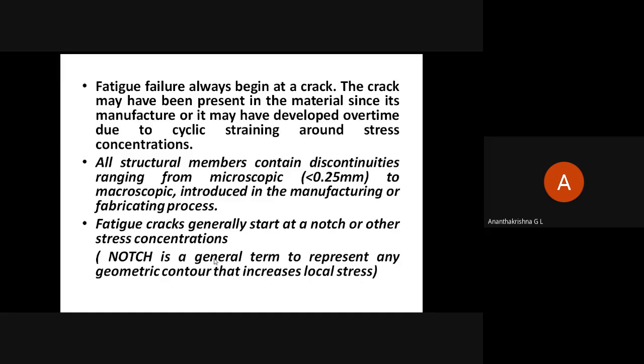That means they are the points where stress risers are present. So fatigue cracks generally start at a notch, that is, at a geometric contour or a discontinuity like fillets, notches, holes, stepped shafts, and so on.